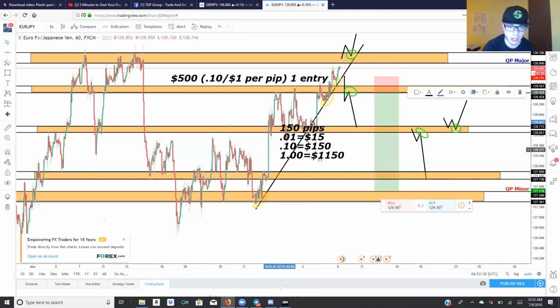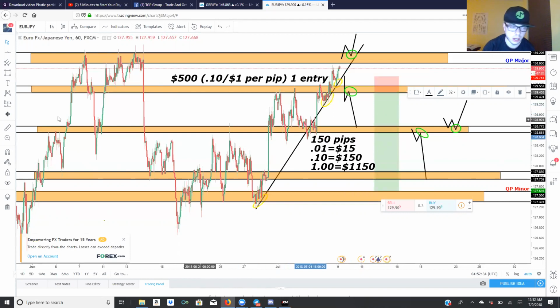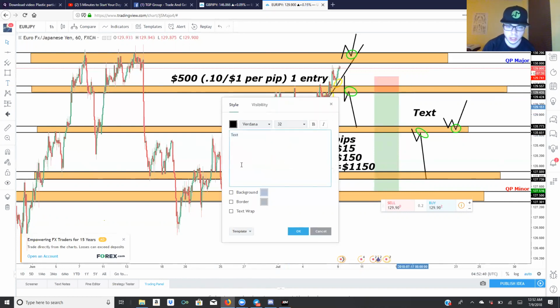But what I want to show you guys is this is exactly why I take one entry, right? So I showed this on my Telegram group and in the Discord. I'm going to show you guys why we take one entry, okay?